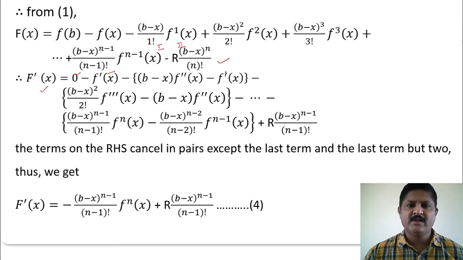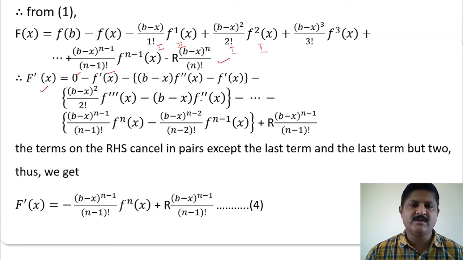Minus, again use the product rule, first function into second function. Here first function is (b minus x) whole square by 2 factorial, second function is f2 of x. Differentiate this, keep (b minus x) whole square by 2 factorial as it is, the differentiation of f2 of x is f triple dash of x or f3 of x.